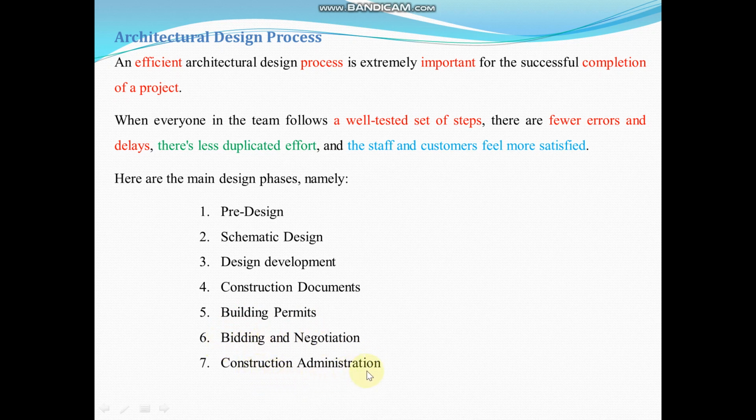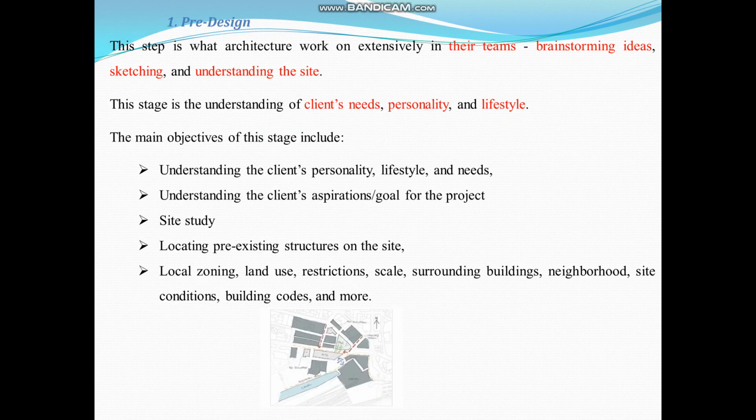Construction administration. So when we prepare architectural drawings, we have to follow those 7 steps to make efficient architectural designs. Let us see each one by one.